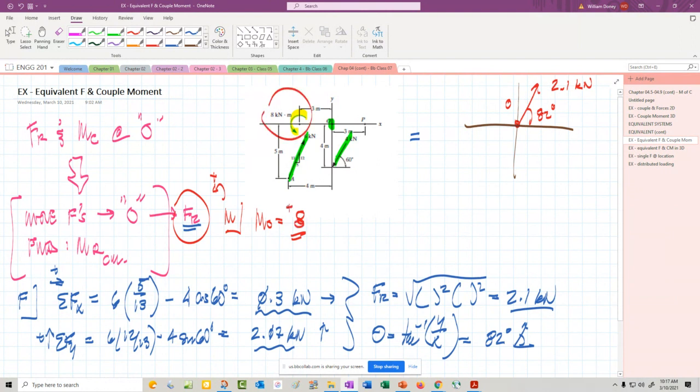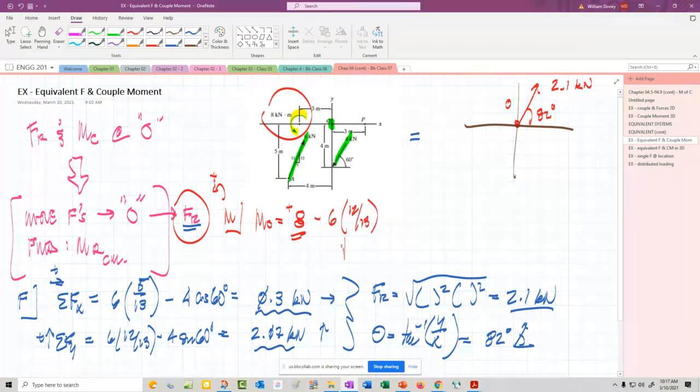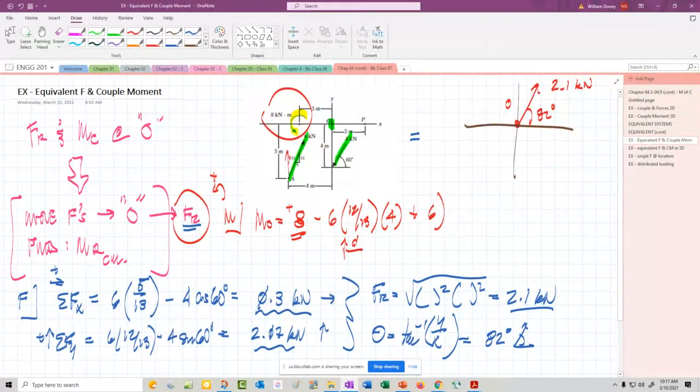We include the direction, which is positive. Minus 6, that's 12 over 13 gives us the up components. We need the distance across that, which is 4. Plus the 6 component, that's giving us this component.